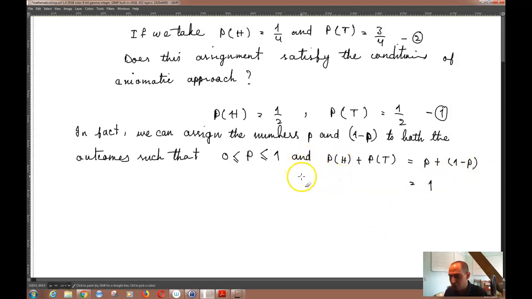This assignment 2 satisfies both conditions of the axiomatic approach of probability. Hence, we can say that there are many ways, rather infinite, to assign probabilities to outcomes of an experiment.